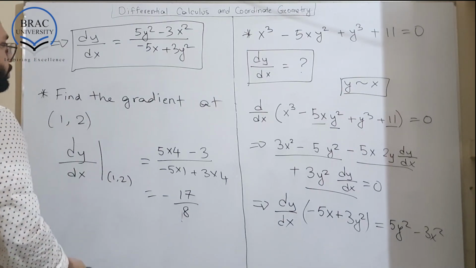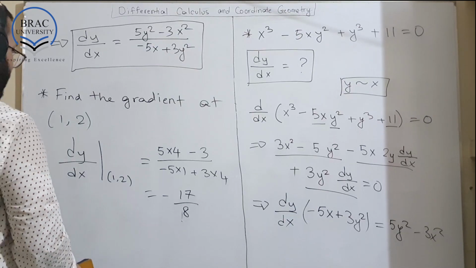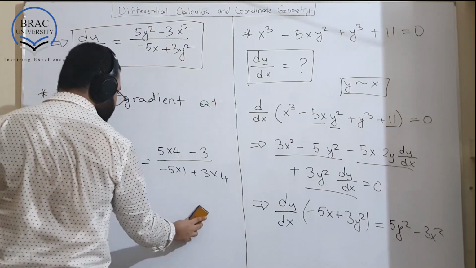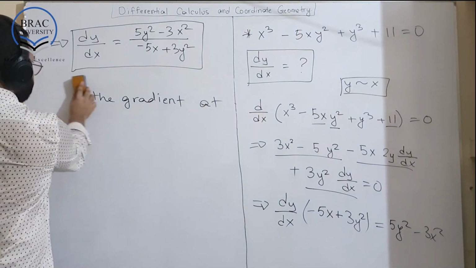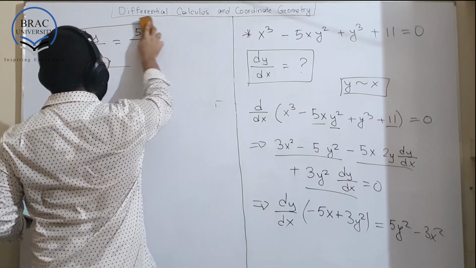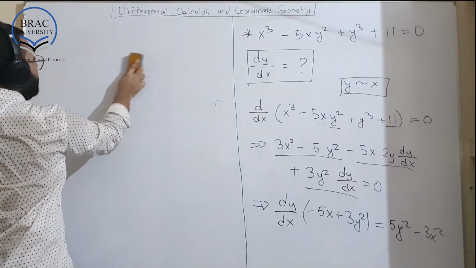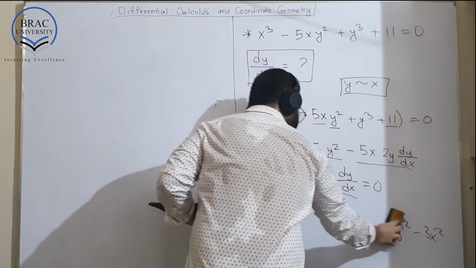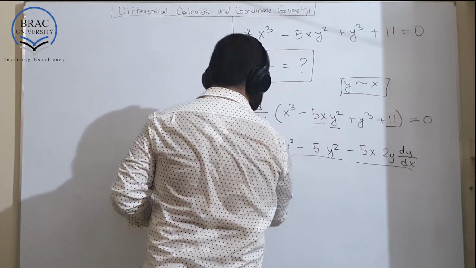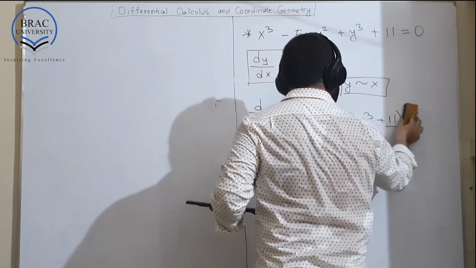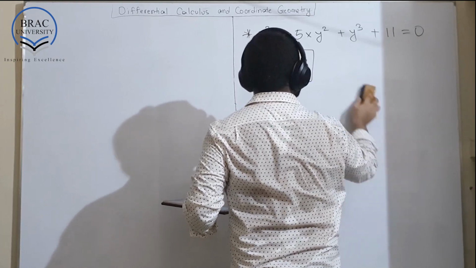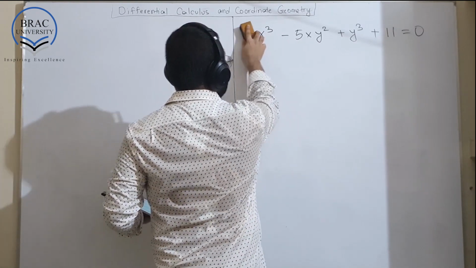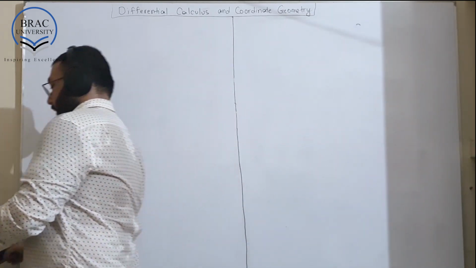Now we'll look into an application of implicit differentiation, which is called logarithmic differentiation. It's a very useful technique to find the derivative of a function when you have a variable as an exponent or as a power. Let's see what that is.